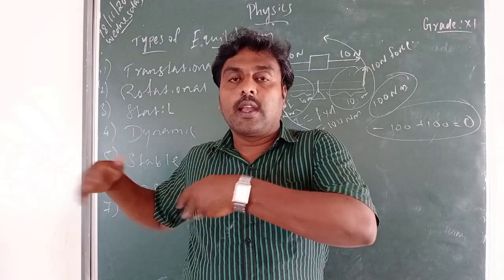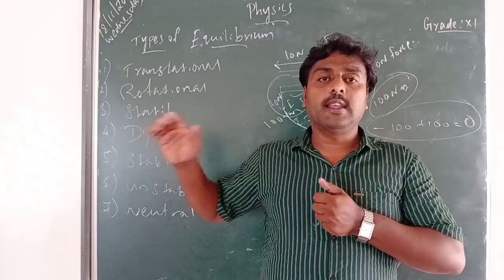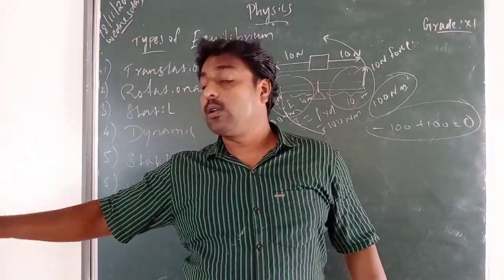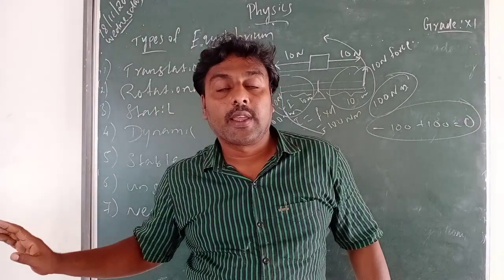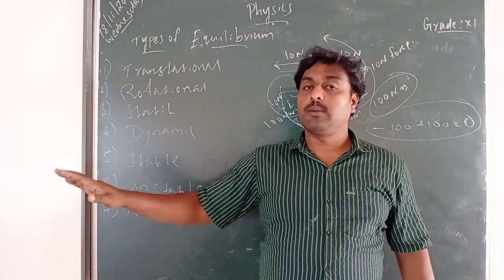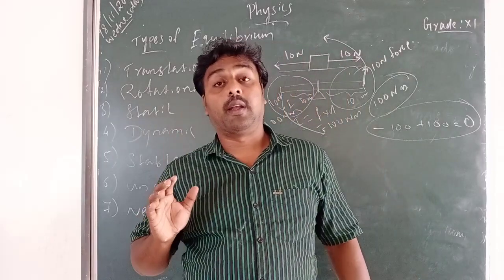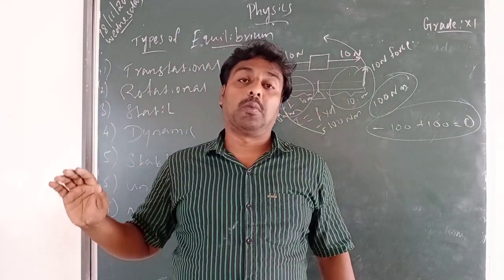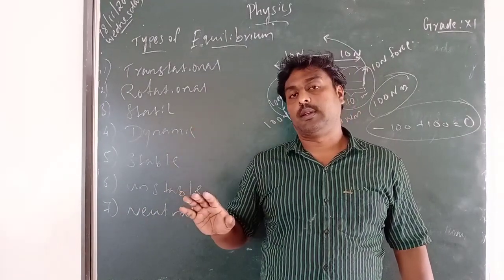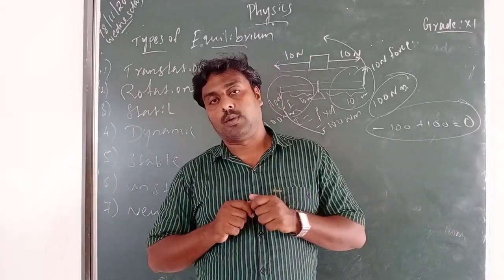What state can we call that? Dynamic equilibrium. Keep this example in mind. During this time, linear momentum and angular momentum are both constant, and net force and net torque are also 0.